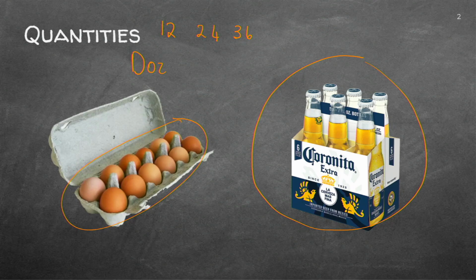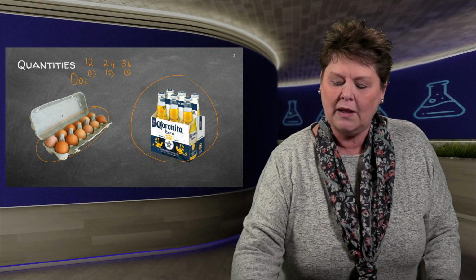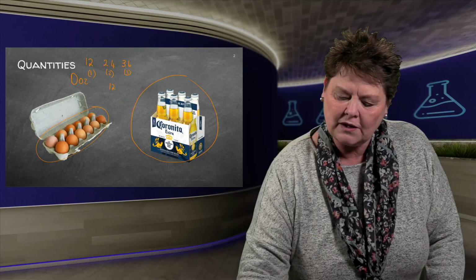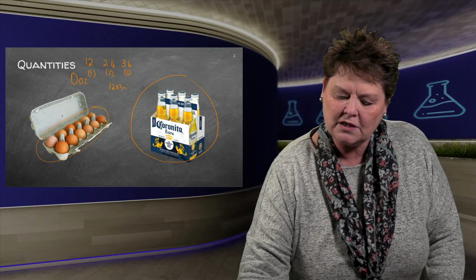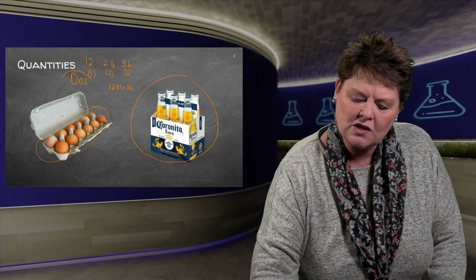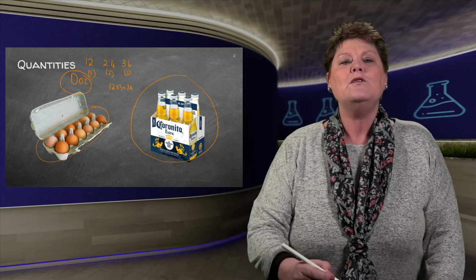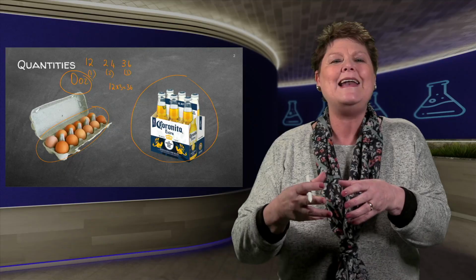We can just say it's 1 dozen, 2 dozen, 3 dozen. Everybody all over the universe will know that 3 dozen will actually be 12 times 3, which is 36. We thus use the word dozen to explain a number.